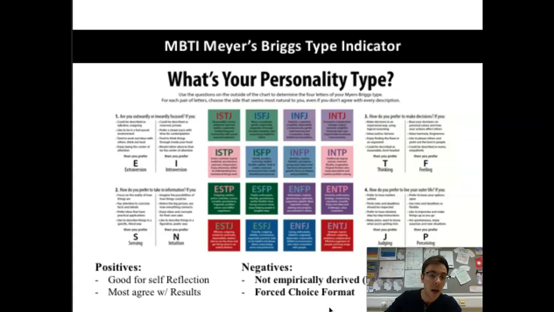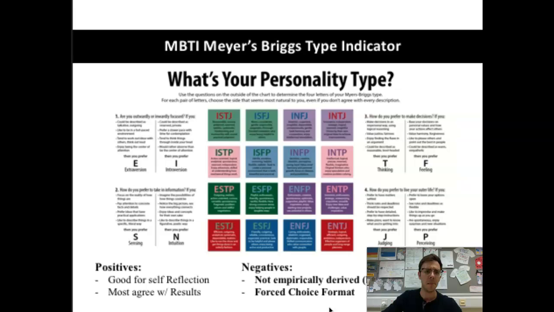So you've got ISTJ, ISFJ, INFJ, and all these different categories, these dimensions right here, like extroversion, introversion, thinking, feeling, perceiving, judging, sensing, etc. And all these different categories were actually influenced by Neo-Freudians, specifically Carl Jung, and his personality theory, where he focused on feeling, intuition, sensing, thinking, extroversion, introversion.